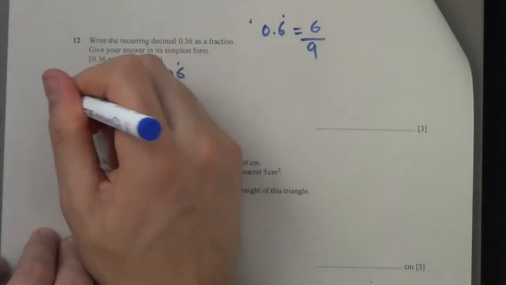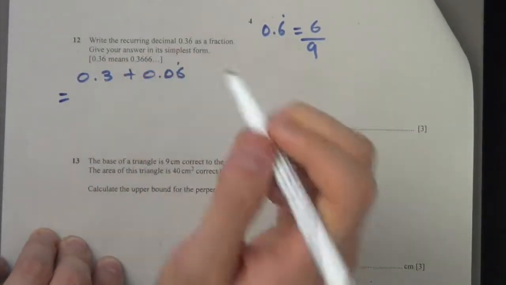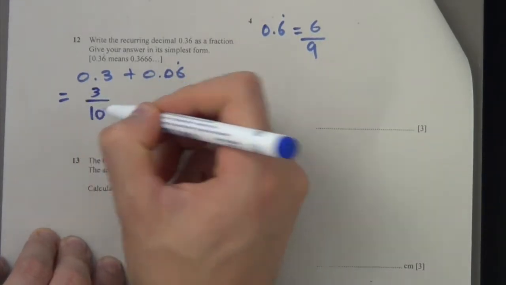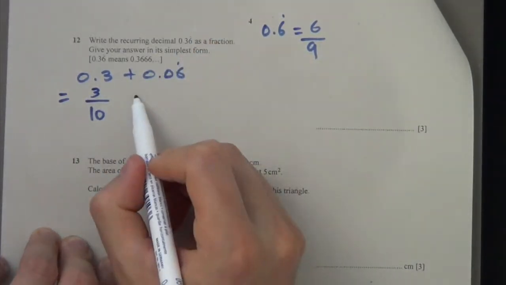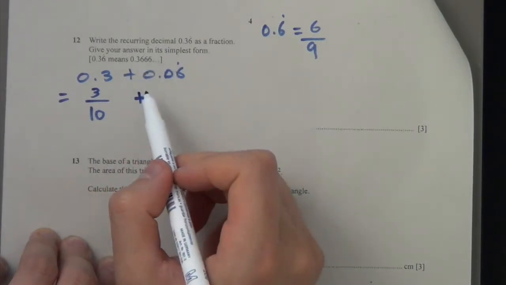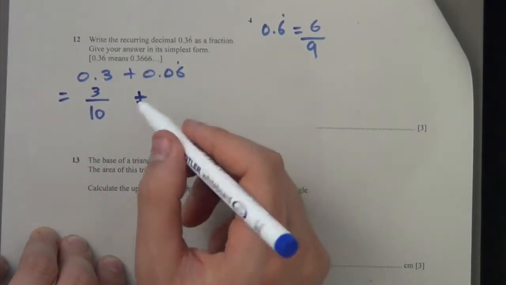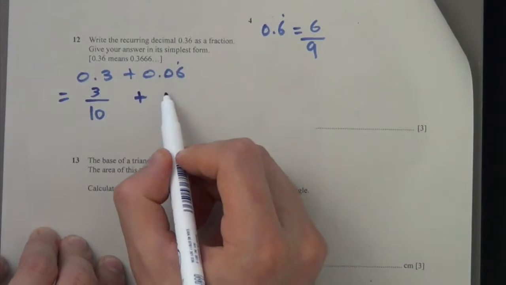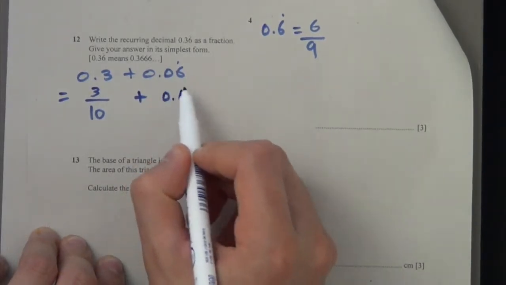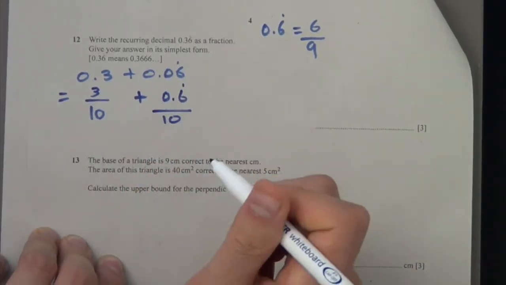Okay, so in fraction form, 0.3 is 3 over 10, okay, and I'm going to say, well, 0.06 reoccurring is this reoccurring over 10, okay.